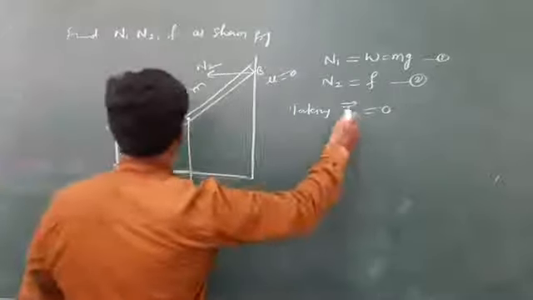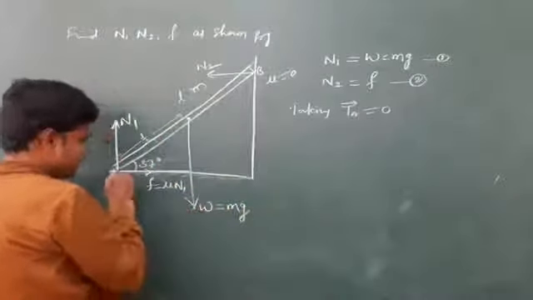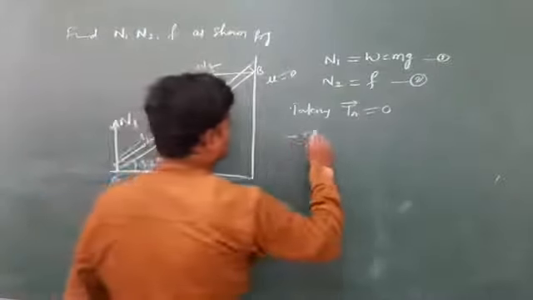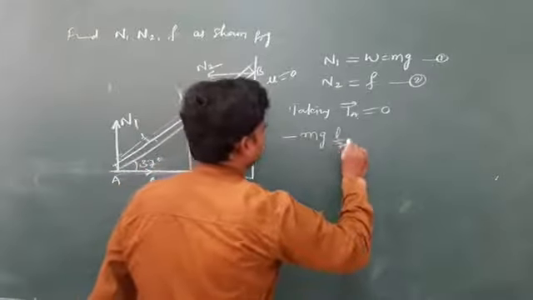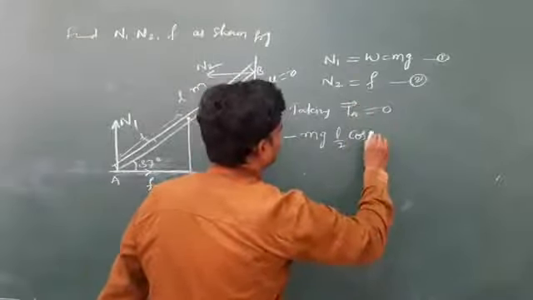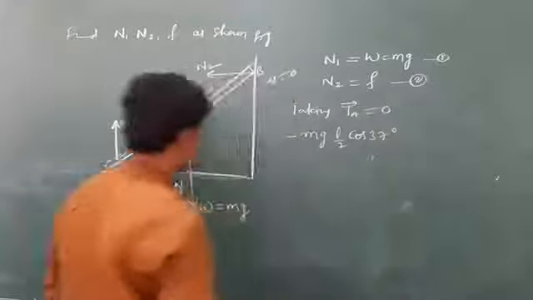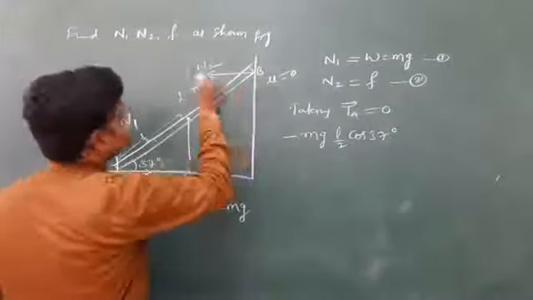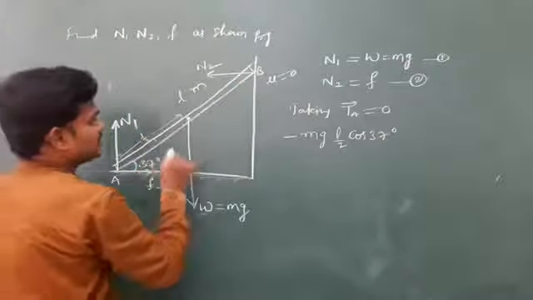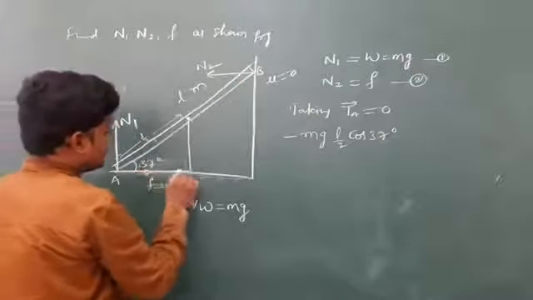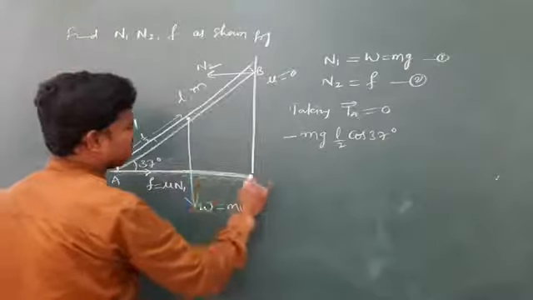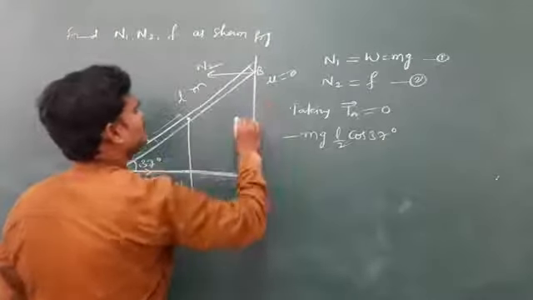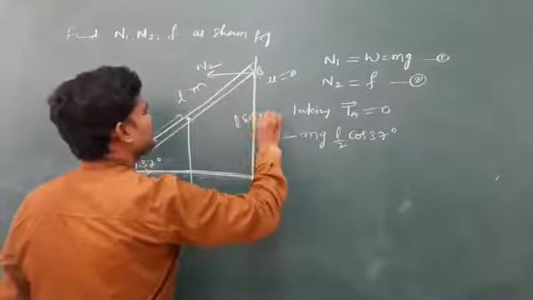Due to this weight, this is inward, so minus mg L by 2 cos 37. Due to this weight, the torque about A is completed. Coming to this one, if this angle is 37, this is L cos 37 and this is L sin 37.